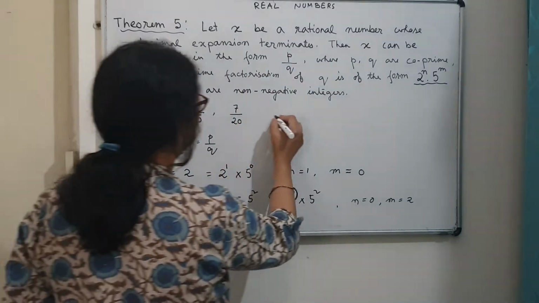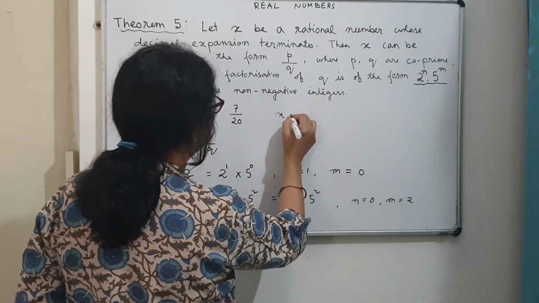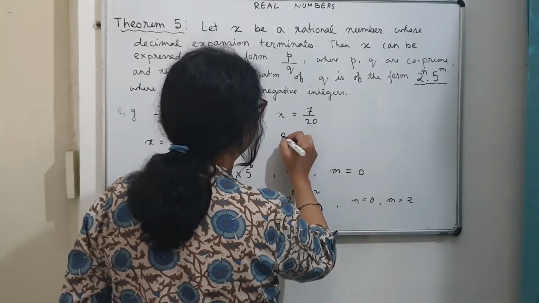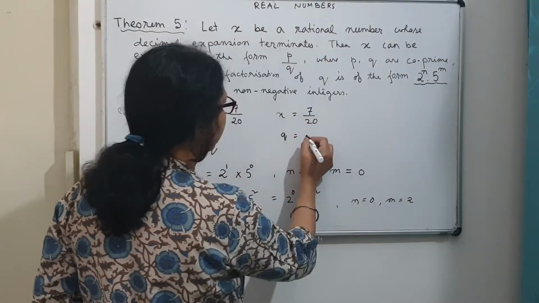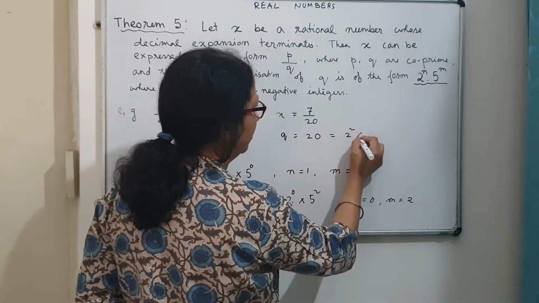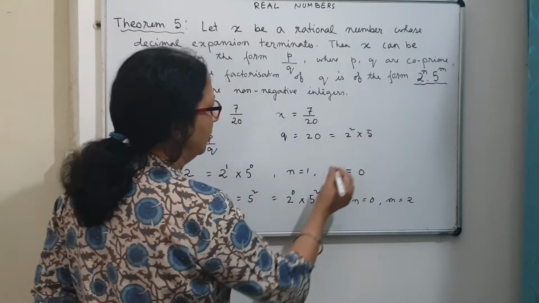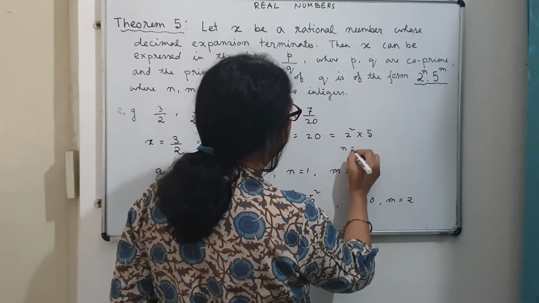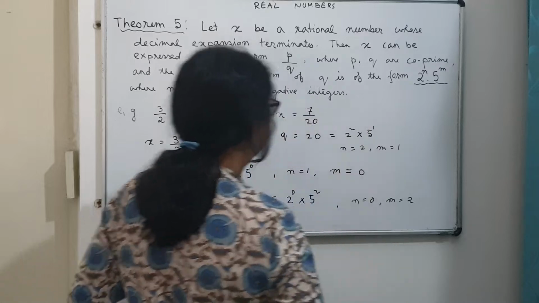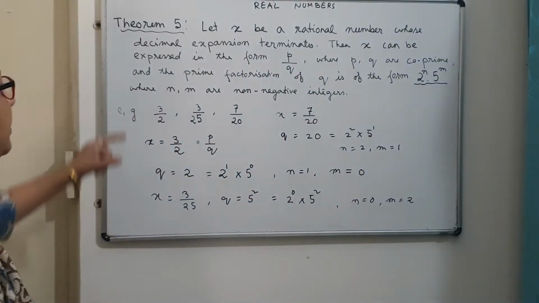Then when x is equal to 7 upon 20, what is q? q is the denominator 20. 4 fives are 20, so 2 square into 5. So here your n is equal to 2 and m is equal to 1. Power is 1. So this is about the definition of this theorem.